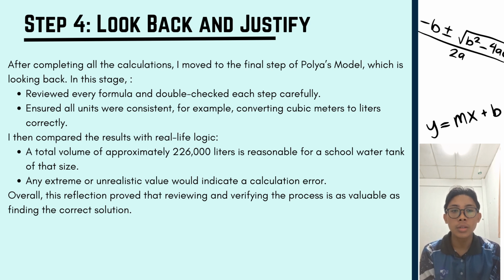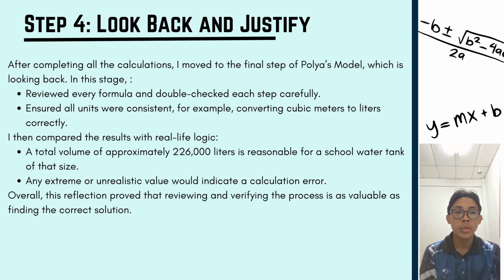After completing all of the calculation, I move to the final step of Polya's model, which is looking back. In this step, I reviewed every formula, double-checked the steps, and made sure the units were consistent, like converting cubic meters to liters correctly. I also compared my result with real-life logic. For example, a total volume of around 226,000 liters made sense for a school water tank of that size.